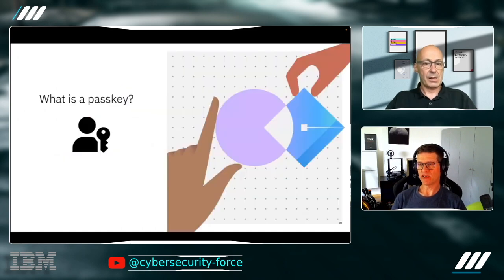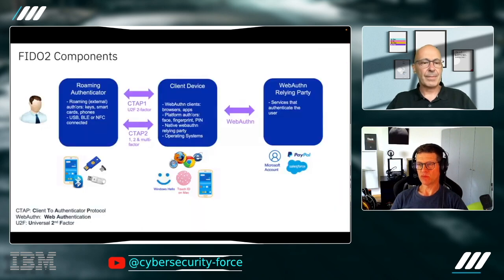And YubiKey is one of the most commonly known companies that provides these security keys, right? That's correct. So Yubico is the manufacturer, the company that distributes and sells these YubiKeys. But there are others too. I think there are about 5 manufacturers of these keys, and these have been around for quite a while.